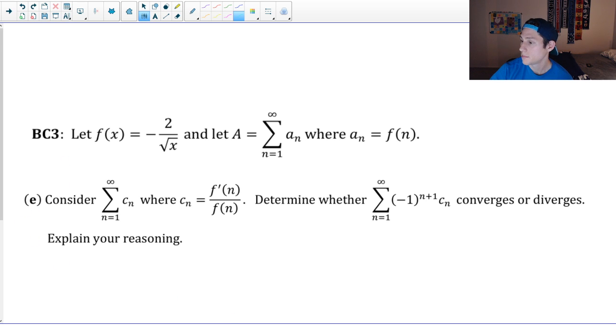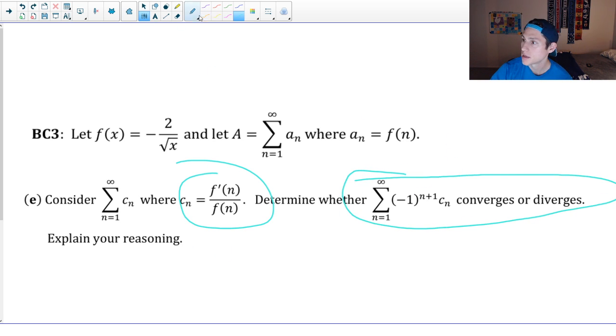All right, part E. Consider the series Cn. Now I have some new function where Cn is f prime over f. Determine whether this series converges or diverges. So again, note the difference. This just asks converges or diverges.